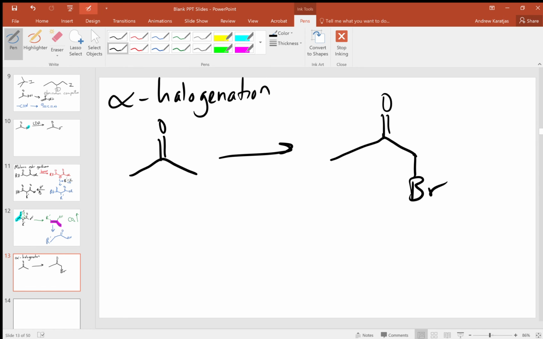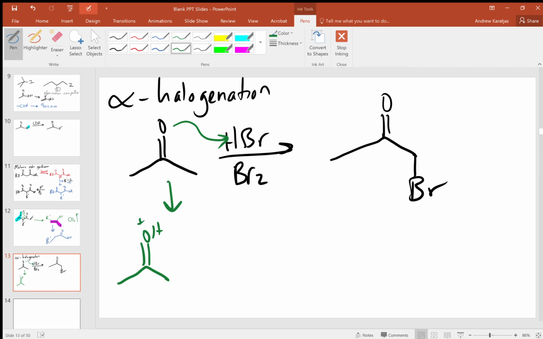As I said, this is the one major reaction that prefers acidic conditions. And so the way that we do that is using a strong acid such as HBr and bromine. The carbonyl protonates, as it always does under strongly acidic conditions. That activates it so that we can easily remove that alpha hydrogen and form an enol.